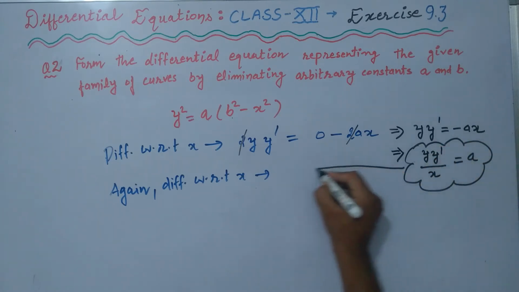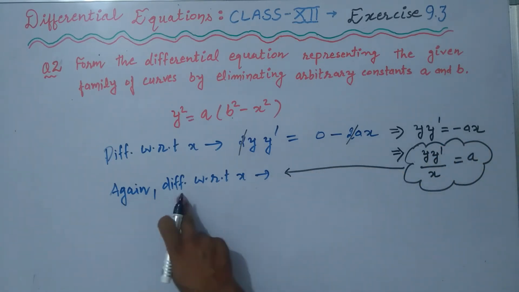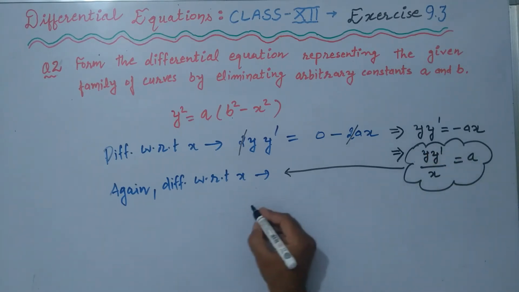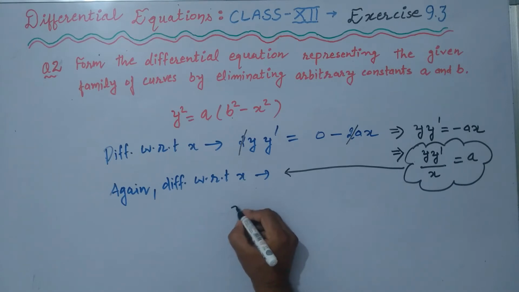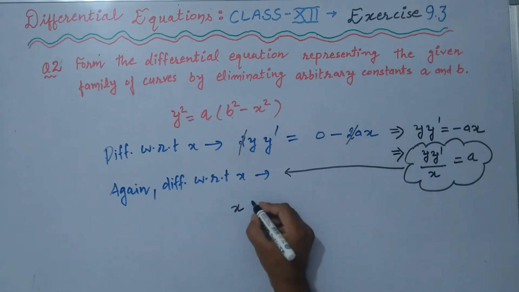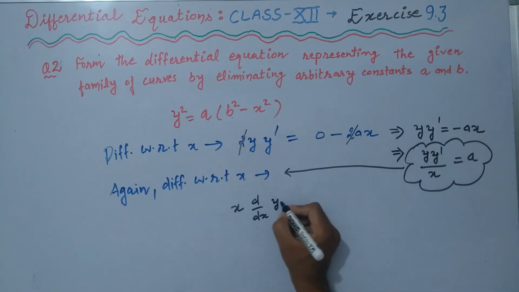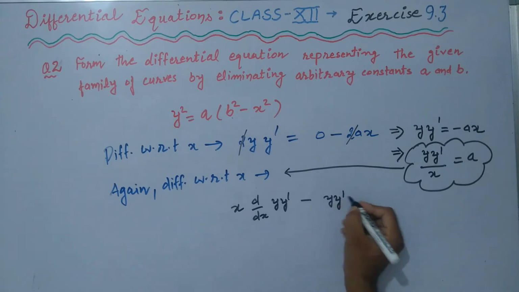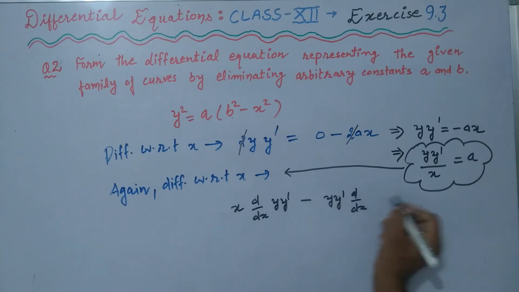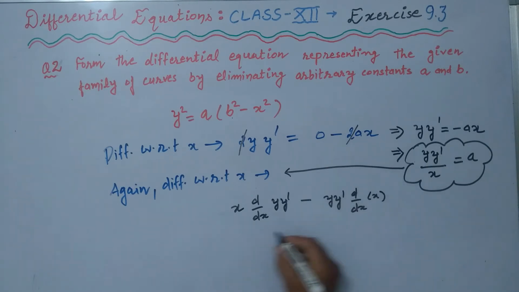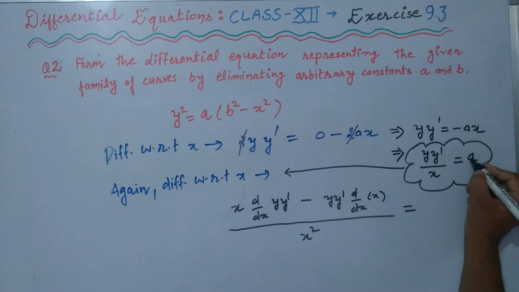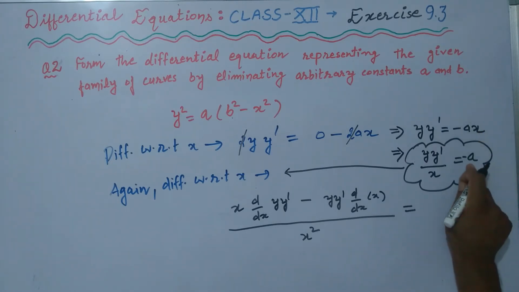Thereafter, we again differentiate with respect to x. We apply the quotient rule: denominator x into derivative of numerator y into y dash, minus numerator into derivative of denominator, whole divided by denominator whole square, is equal to 0, since the right hand side is purely constant.